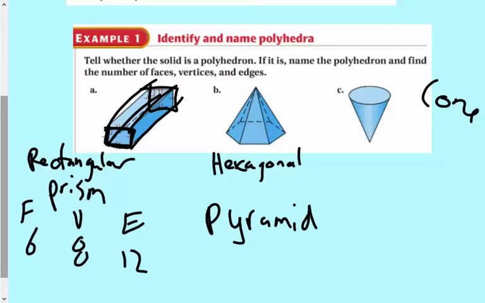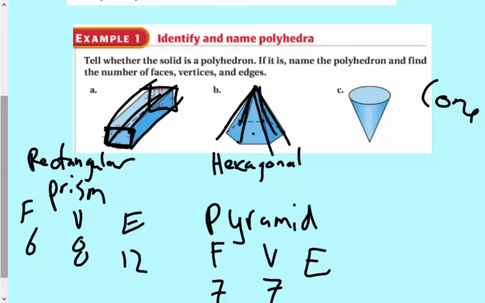Okay, and then the pyramid. All right, faces. There's 1 on the bottom and then 6 triangles, so 7. Vertices, I'm seeing 1, 2, 3, 4, 5, 6, 7. And then edges, 1, 2, 3, 4, 5, 6, and then 6 more, so that's 12.